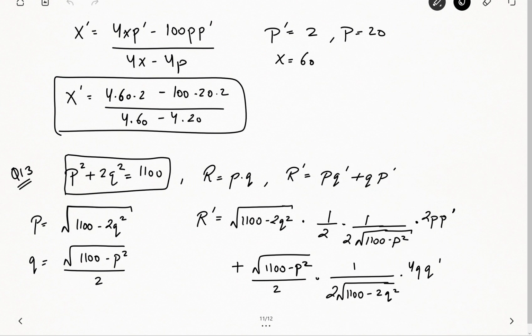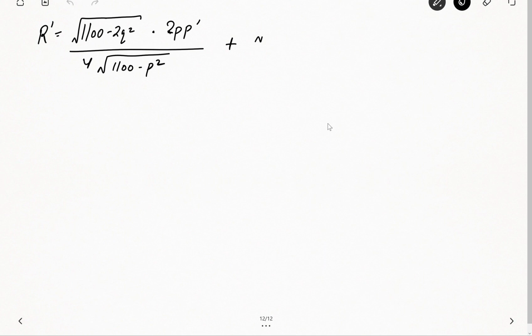So we gotta have a 4. That's a 4. This will go away. We'll have that square root of 1100 minus p squared times q prime. And at the bottom, it's going to be square root of 1100 minus 2q squared.